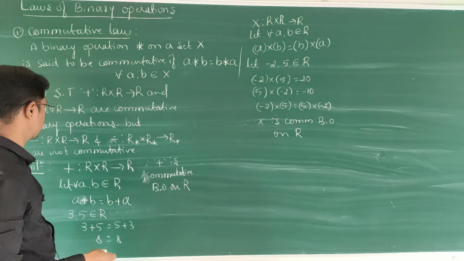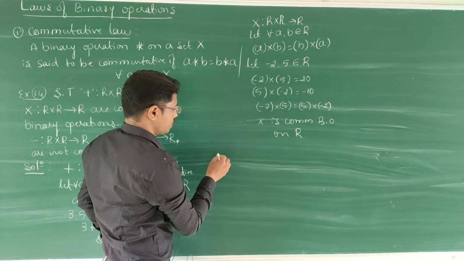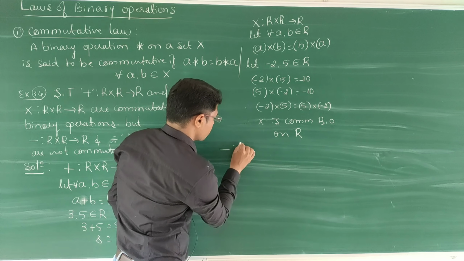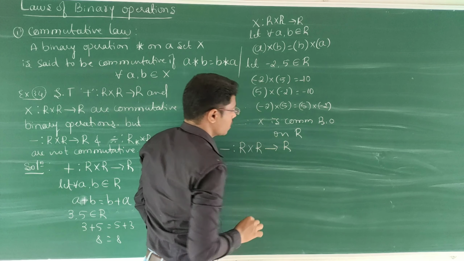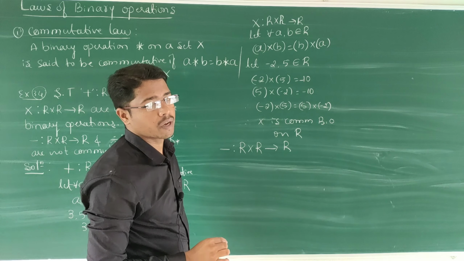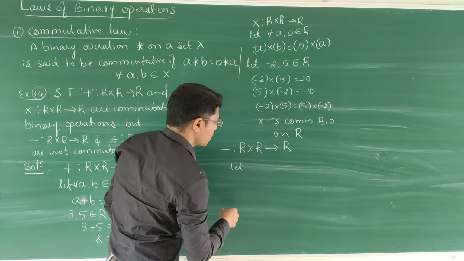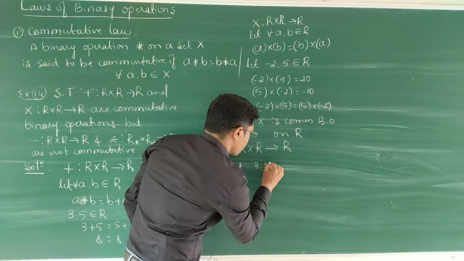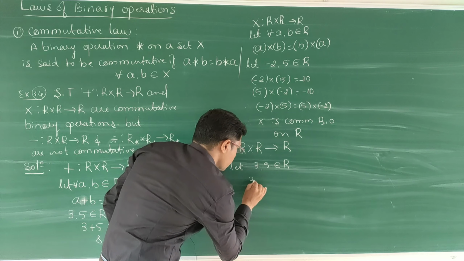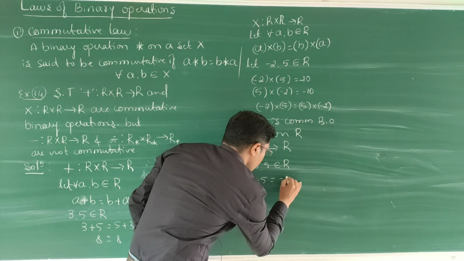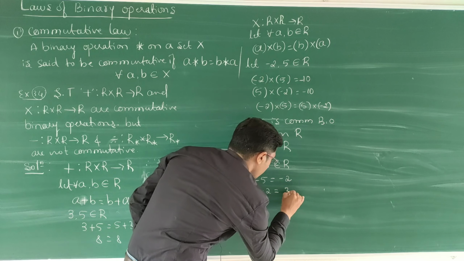Okay, next, minus from R cross R to R. They said it is not a commutative binary operation. So directly I will consider two numbers. Let 3, 5 belong to the set of real numbers. First I will do 3 minus 5 equal to minus 2. Next 5 minus 3 equal to 2.